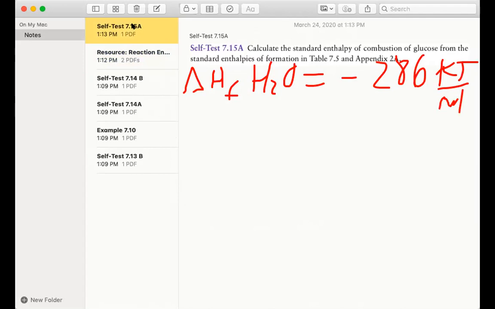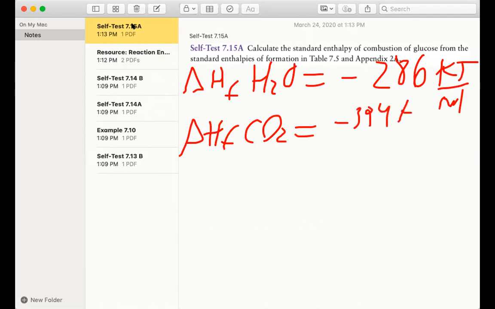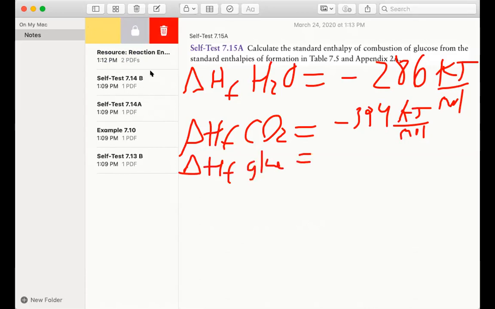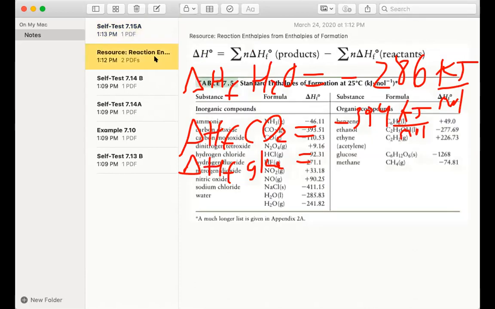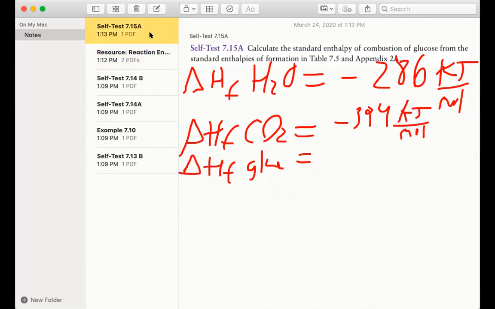And delta H of formation of CO2 equals negative 394 kilojoules per mole. And delta H of formation of glucose, the other one we need to know, is negative 1268.